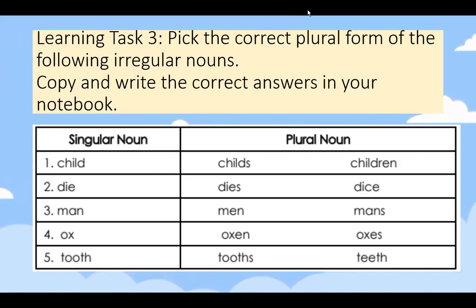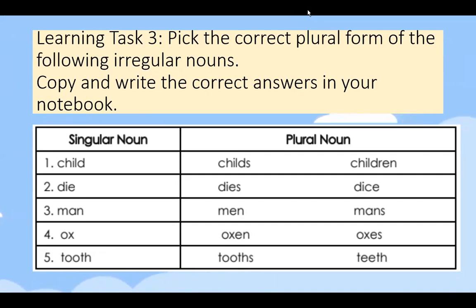For the next column, we have the plural form, and you will choose which of them is the plural form of the singular noun child. Is it childs or is it children? The same thing goes with the word die. What is the plural form? Is it dice or is it dies?